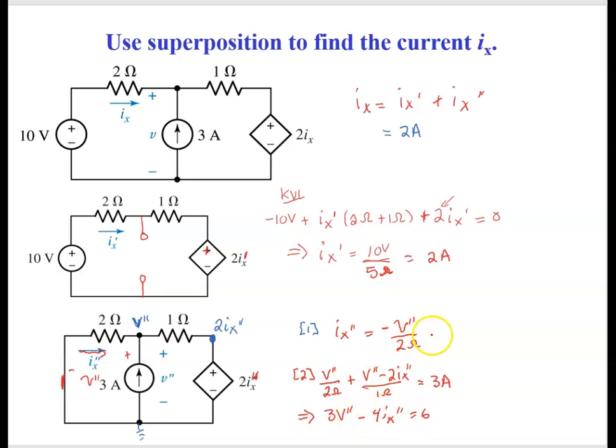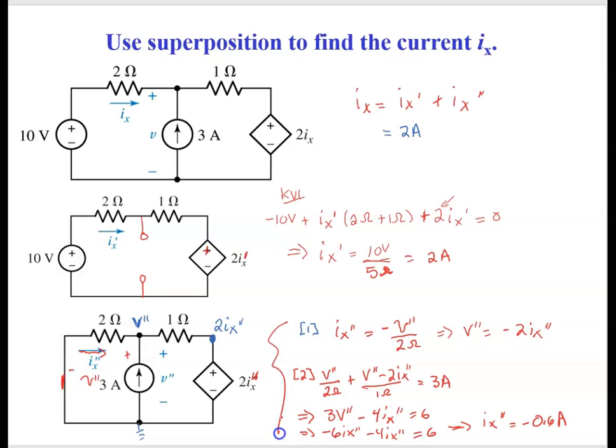If we substitute in V double prime equal to negative 2Ix double prime, we get negative 6Ix double prime minus 4Ix double prime is equal to 6. So our Ix double prime is negative 0.6 amps.